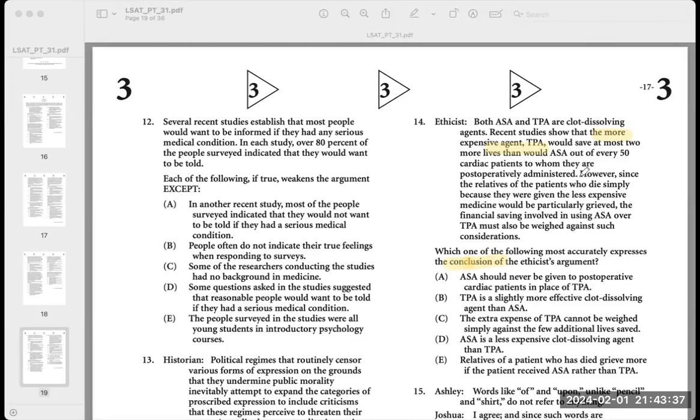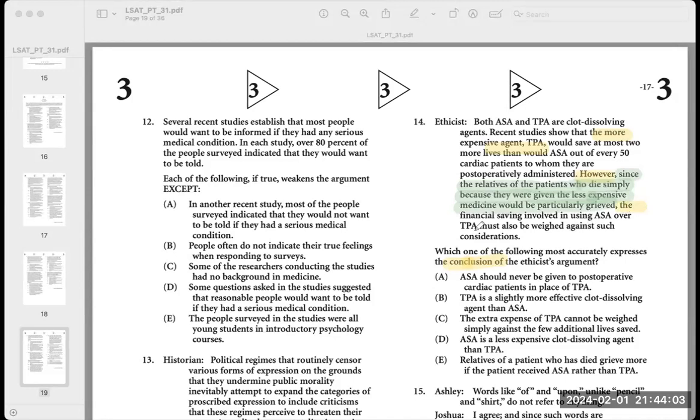However, since introduces support. Okay, so we've got support here. Since the relatives of the patients who die simply because they were given the less expensive medicine would be particularly grieved, the financial savings involved in using ASA over TPA must also be weighed against such considerations.